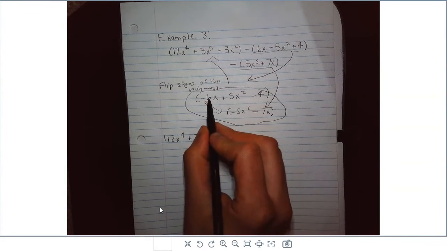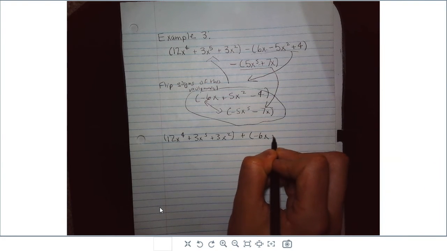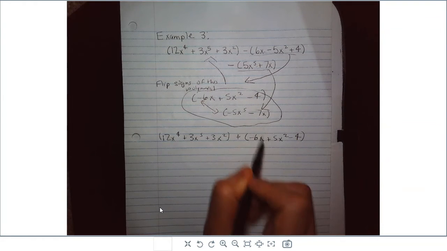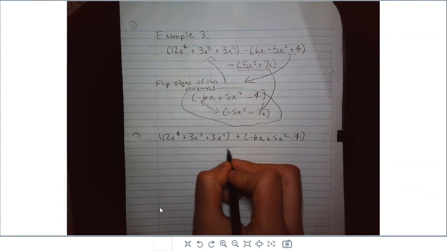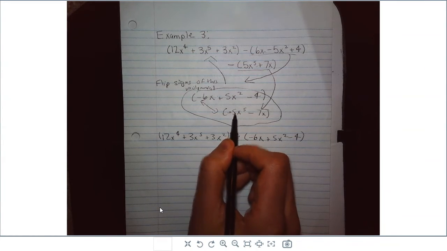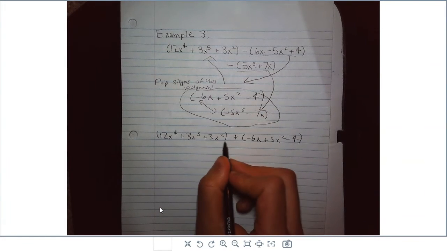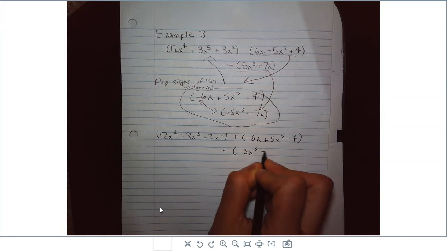Plus negative 6x, plus 5x squared, minus 4. So we're adding the newly flipped polynomial to the original polynomial, and then finally we're adding the other newly flipped polynomial. So we get plus negative 5x to the power of 5 minus 7x.